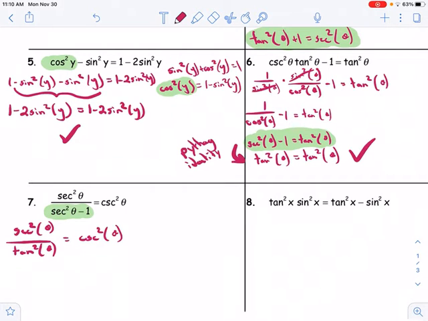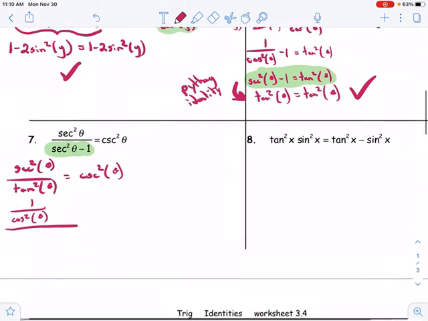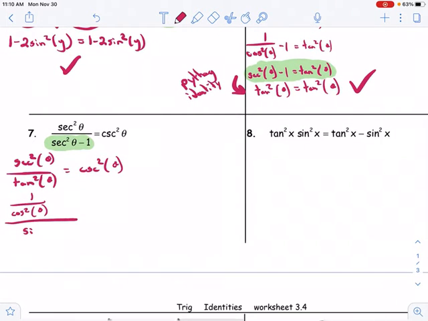Instead of having this be divided by tangent squared theta, I'm probably going to switch all this over into cosine and sine on my left-hand side. So that's 1 divided by cosine squared theta, big division, sine squared theta over cosine squared theta.